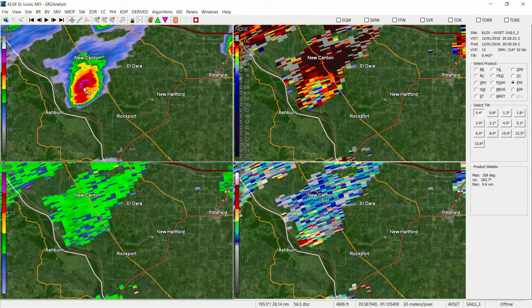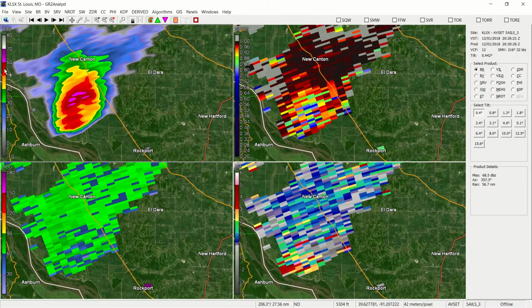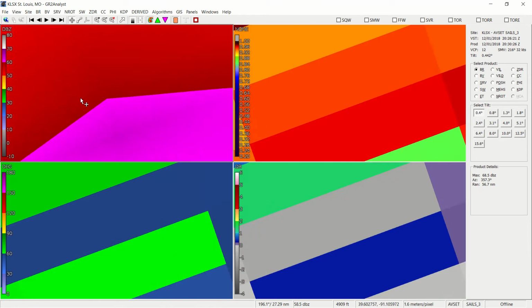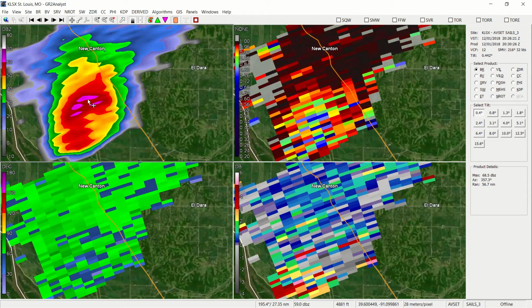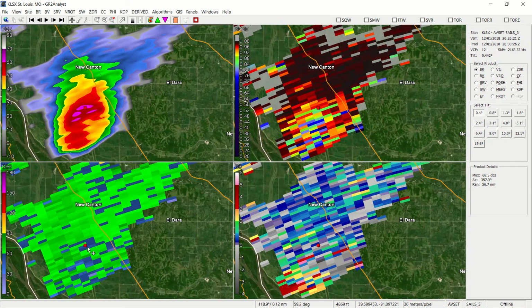So we can see that this cell south of here starts to show some 60 dBz values. Let me place a marker here. What we do notice is that there are some lower correlation coefficients in the middle of this cell.